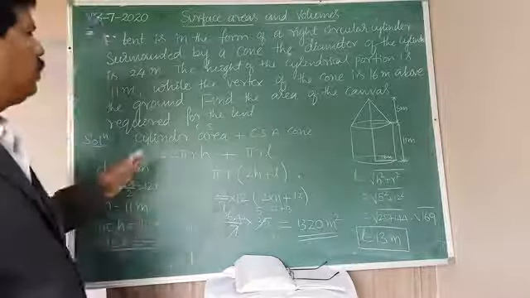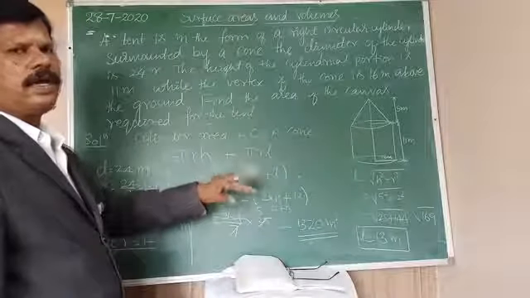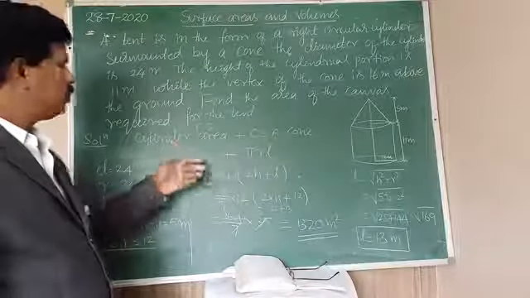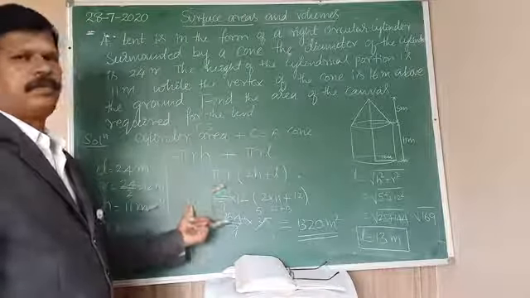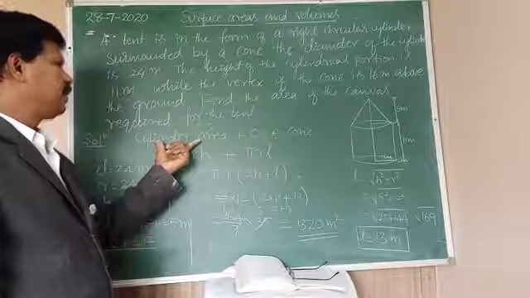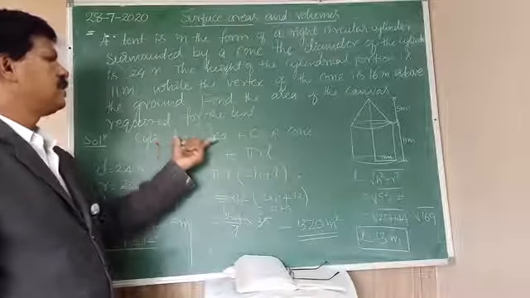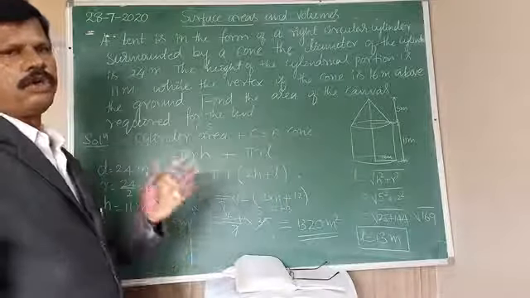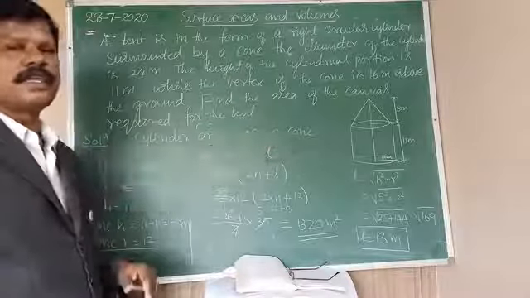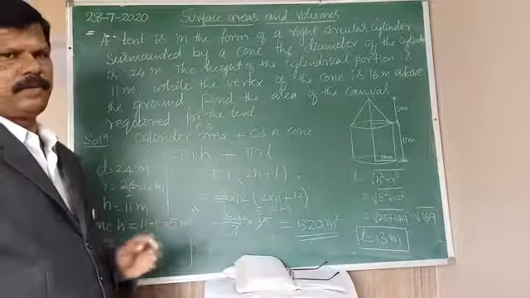Clear? You can separately do the work and then you can add it. So better in the 10th standard also you should do the same like this. Okay. So what is asked? Here it is cylinder CSA plus CSA of cone. You should add both, then you will get the total surface area of the tent. Clear?